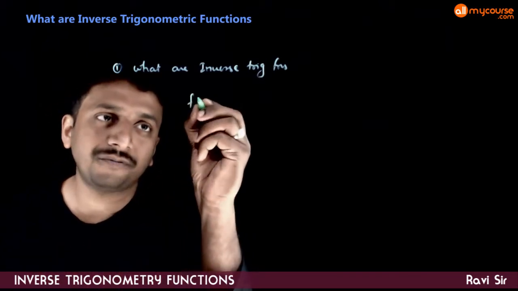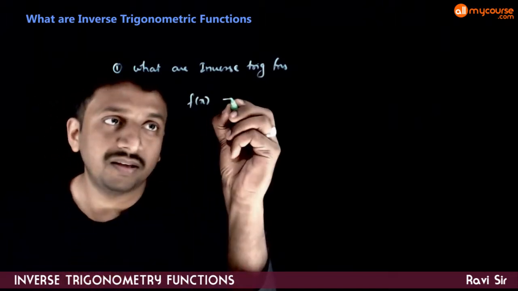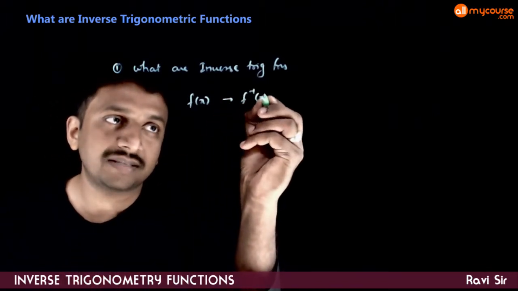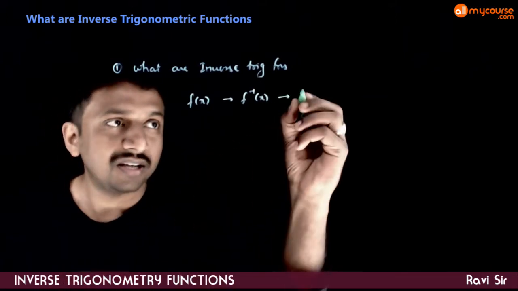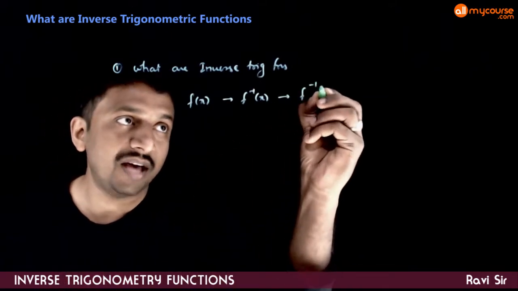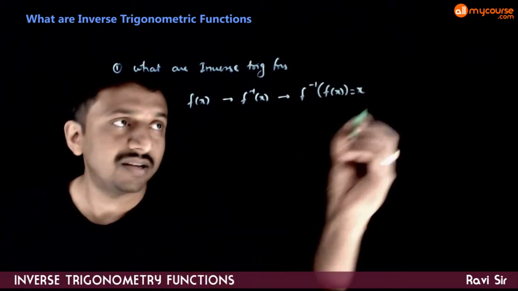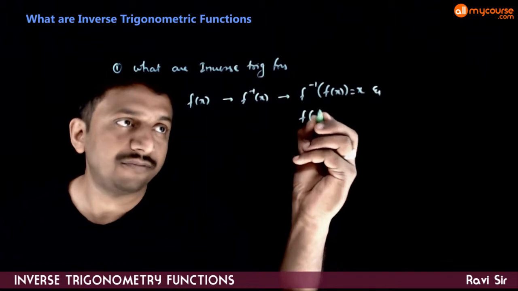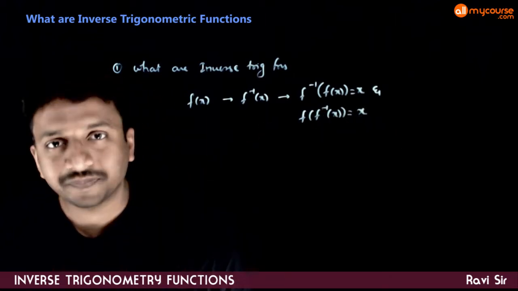So if f of x is a function, f inverse of x is a function which satisfies the condition f inverse of f of x is equal to x and f of f inverse x is equal to x.